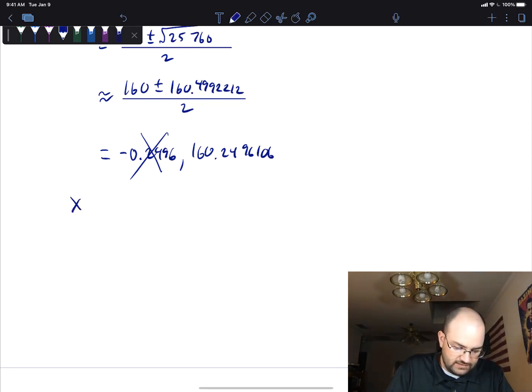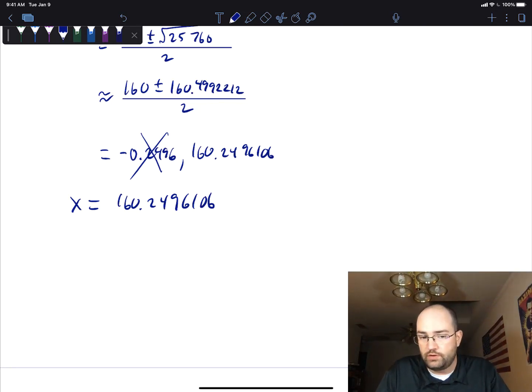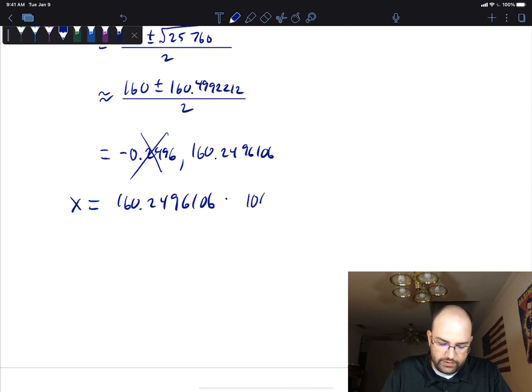So x is 160.2496106. Now the reason that I went ahead and wrote everything out is because the units here are 100 small motors.